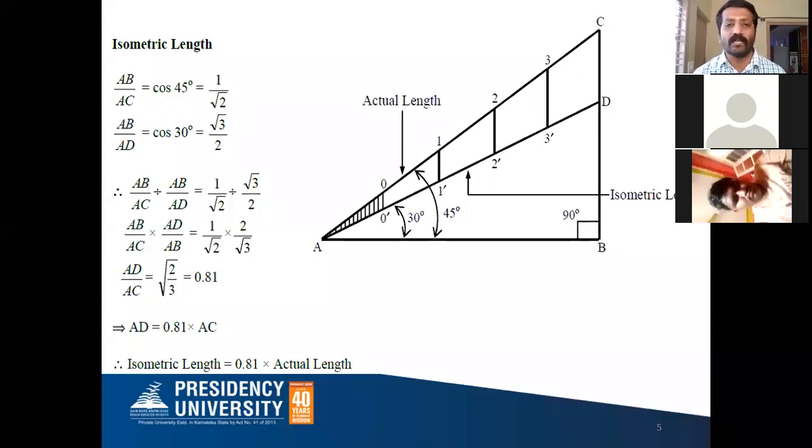So 24.5 is the isometric length that you have to take while drawing your isometric drawing. I think all of you understood this relation. Simply multiply by 0.816. This is the reason why we take the ratio 0.816, to get the isometric length.